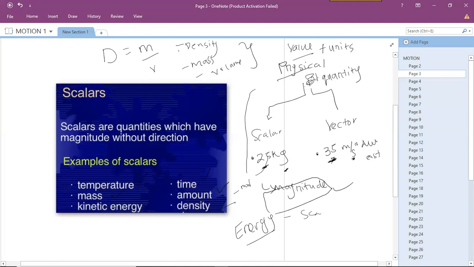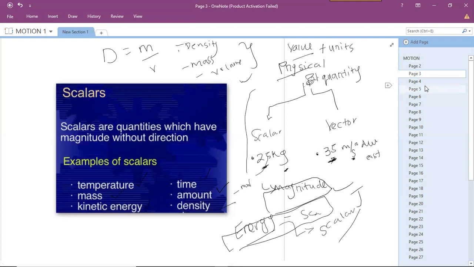So at least here you can define, you get max marks, and you can also have 3 examples: density, mass, and volume. For energy, they usually bring it in a multiple choice to confuse you. So remember, energy is a scalar quantity. Energy does not have a given direction. It's just measured in joules. It's a physical quantity measured in joules.